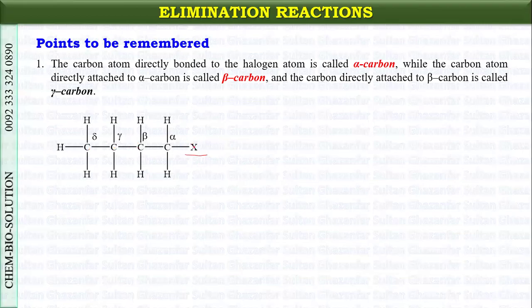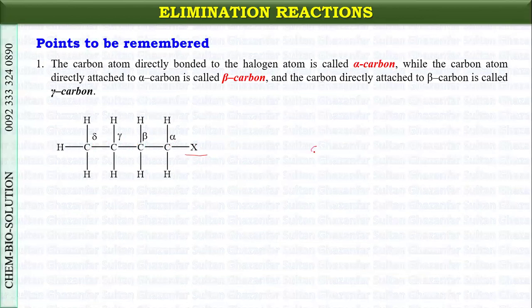And it is true for any functional group, not only for halide. The carbon atom that is directly bonded to the functional group is called alpha carbon, and next to the alpha is beta, gamma, delta, and so on.